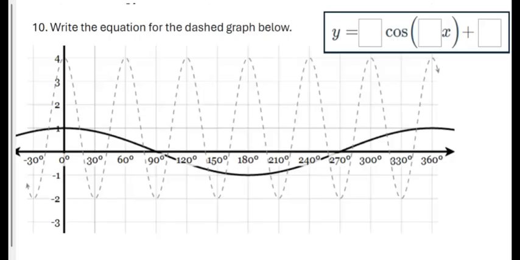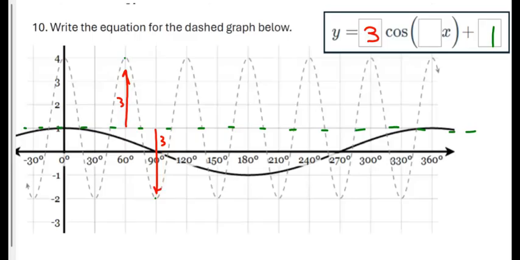All right, in this problem, the top of the graph is at 4 and the bottom is at -2. So that means the midline is at 1. The amplitude is 3. And then for the b value, again, a full period for cosine is 360, or 2 pi.